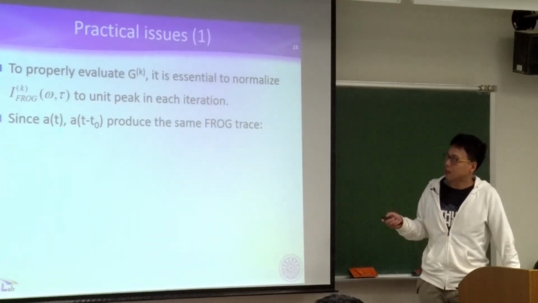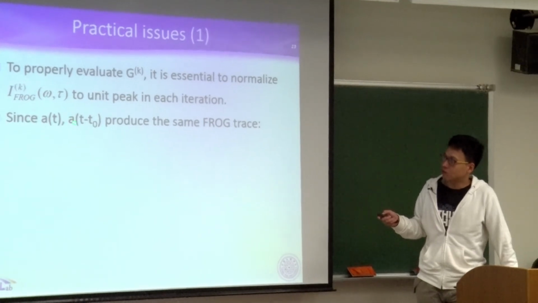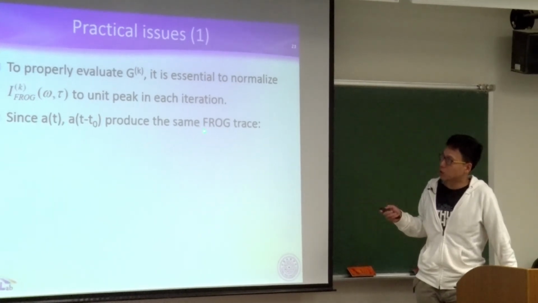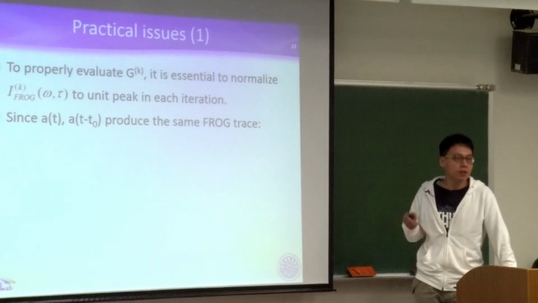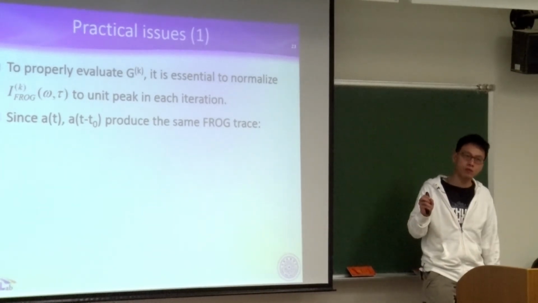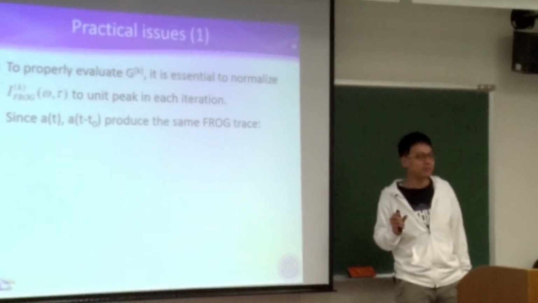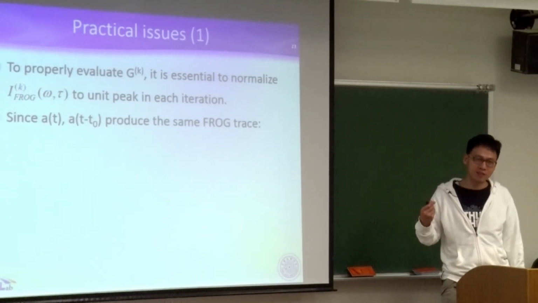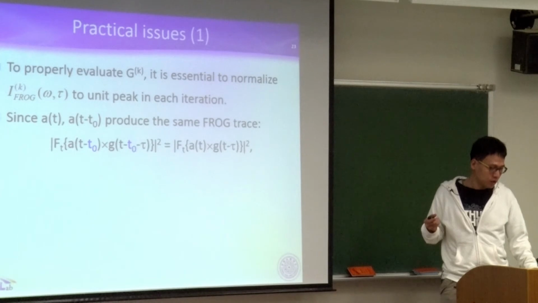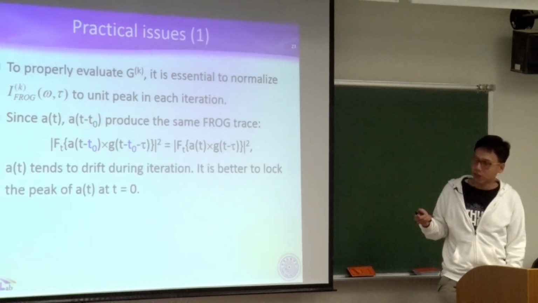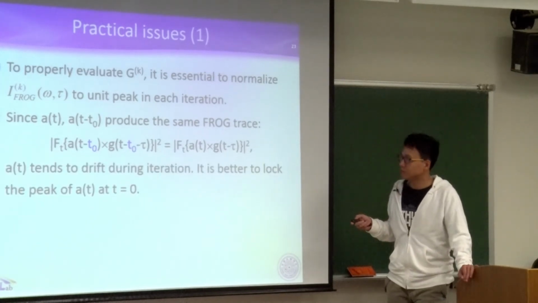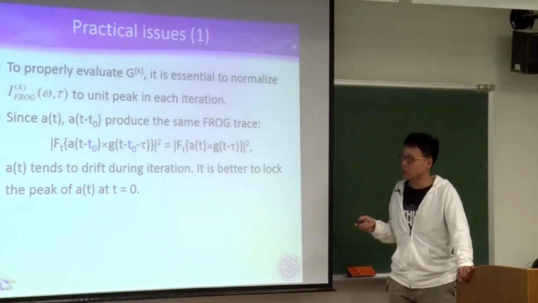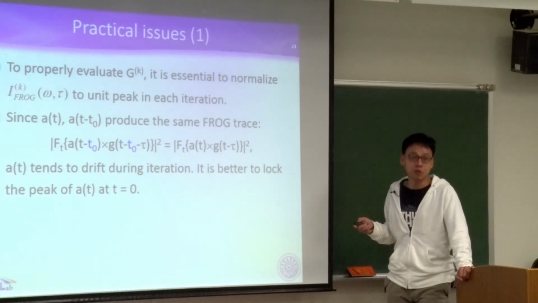Secondly, A of t and a shifted version of A of t will produce the same FROG trace. That means the FROG trace is insensitive to absolute timing. It's only sensitive to relative timing. So if you do nothing, your calculated A of t tends to drift during iteration.